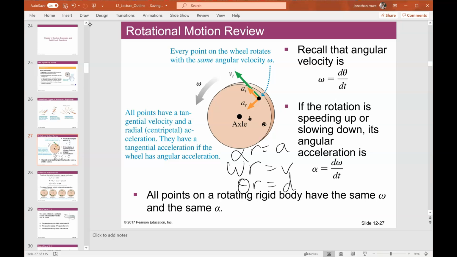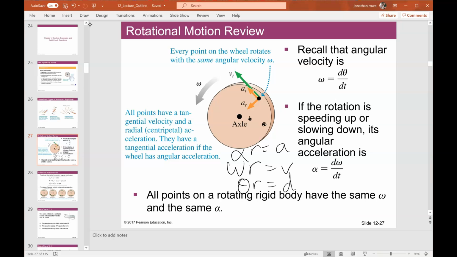All points have a tangential velocity and a centripetal acceleration. So the centripetal acceleration always points toward the center of the circle. Tangential acceleration points along the line of motion, so perpendicular to the radius.